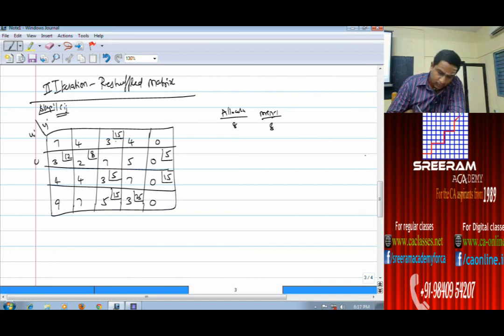Okay, second row 0, 3, 2, 0. 0 plus 0, 0. 0 plus 3, 3. 3 plus 2, 5. 2 and 1 will give 3. And here 0. 0 plus 3, 3.